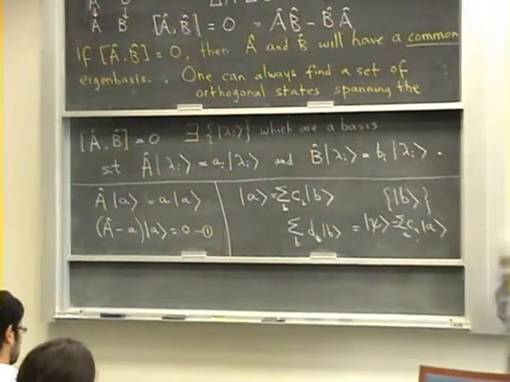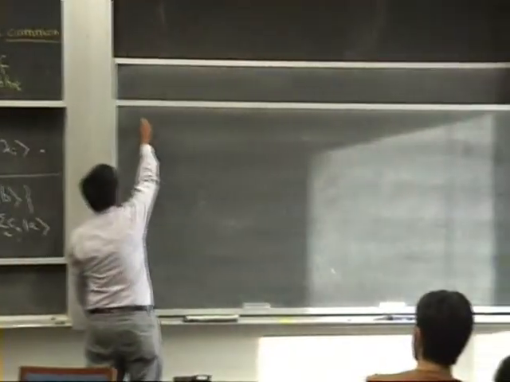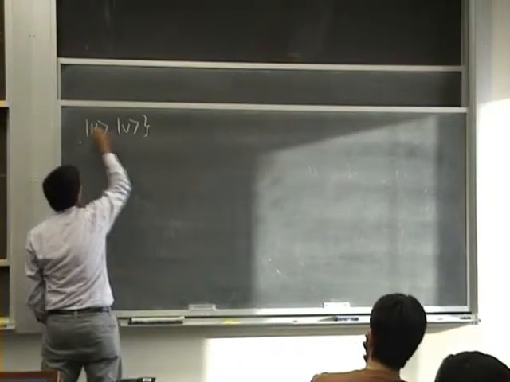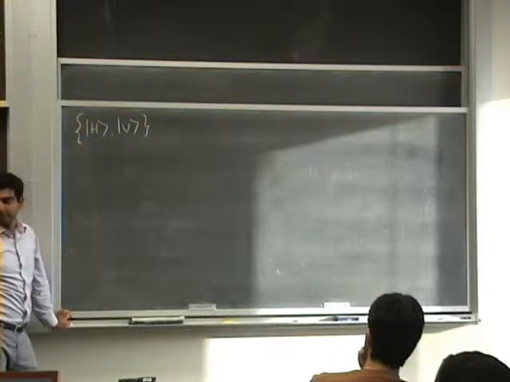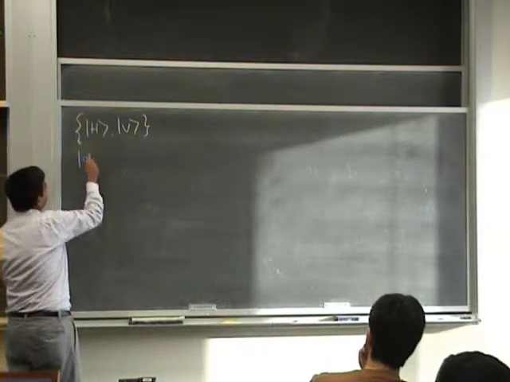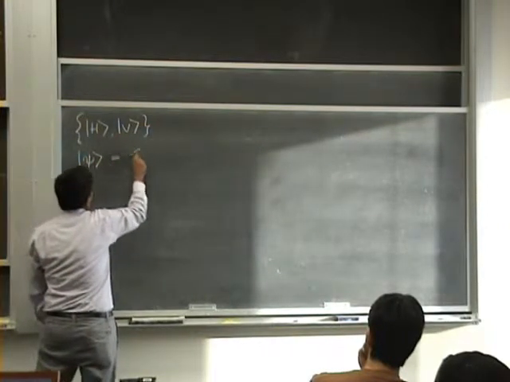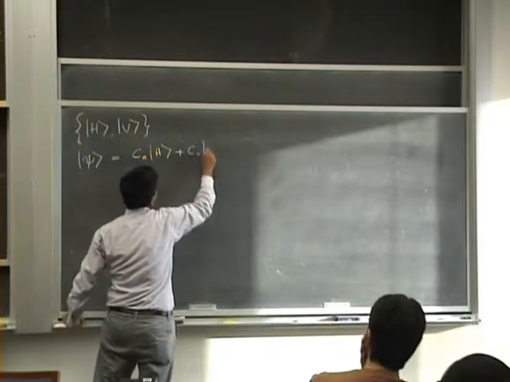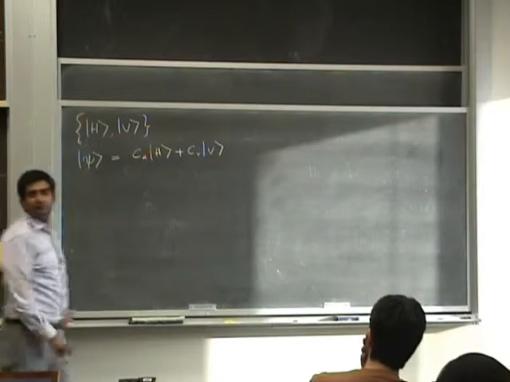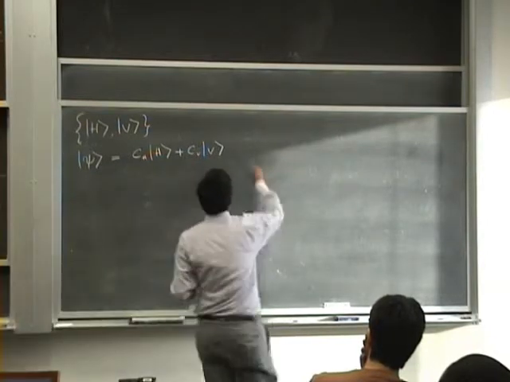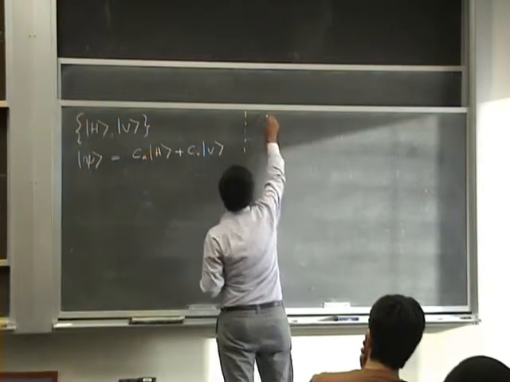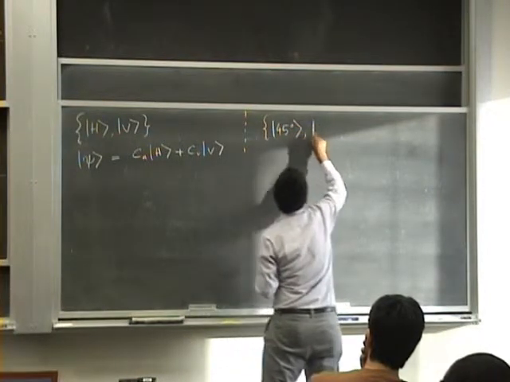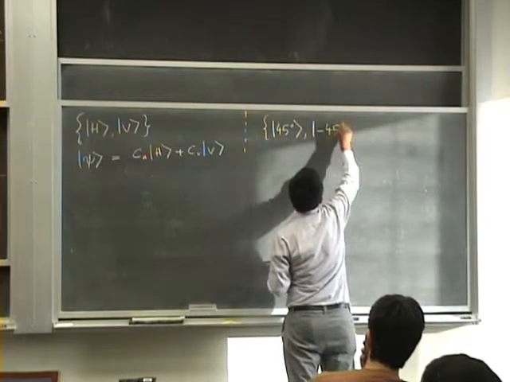Let me give you an example. If I have a two-dimensional Hilbert space, ket H and ket V form a basis. So any state can be written as CH ket H plus CV ket V. But this is not the only basis that I can choose. I can choose another basis, ket 45, ket minus 45.